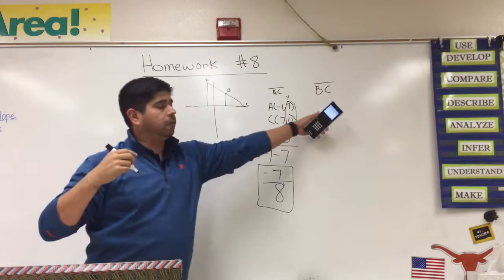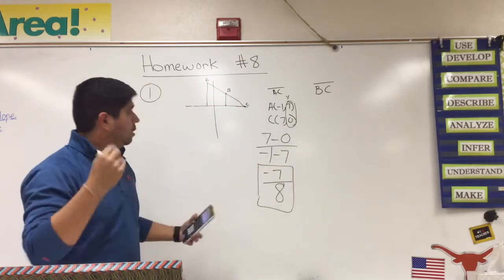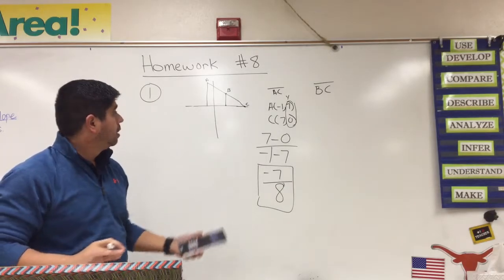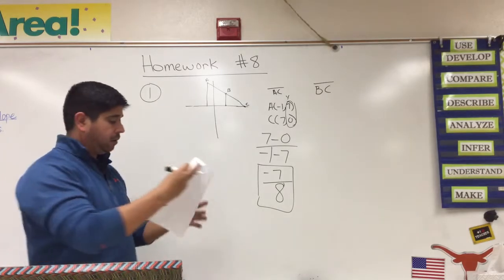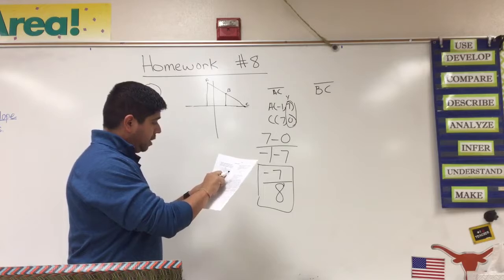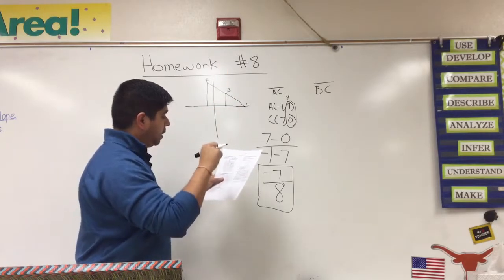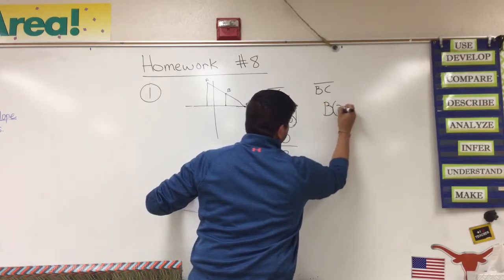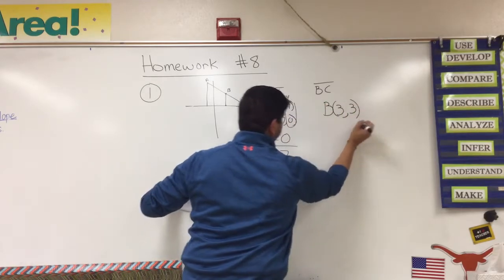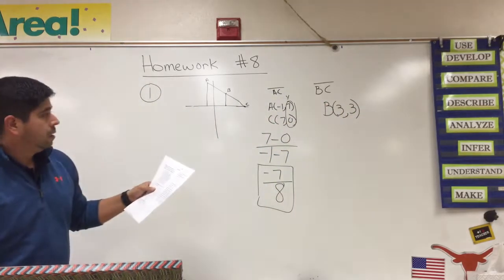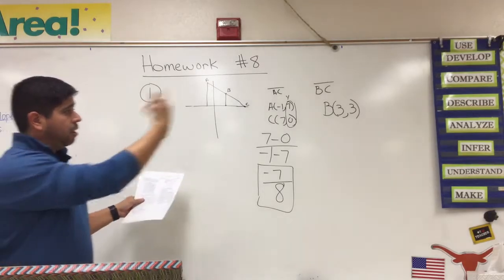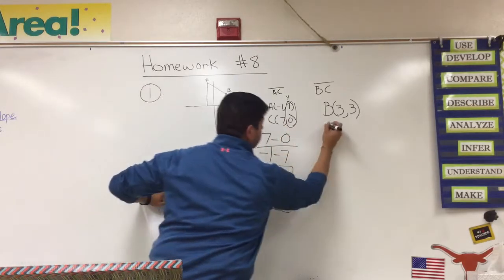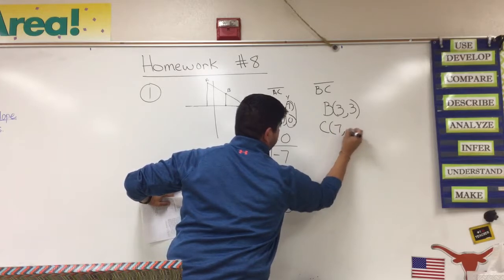So I do the same thing for B and C, okay? We need to find out if they're similar or not. So point B, if I look on my paper, is at 3, and then it goes up 3. So B is going to be 3, 3. All right, C, I already have C, which is here. So C is going to be 7, 0.